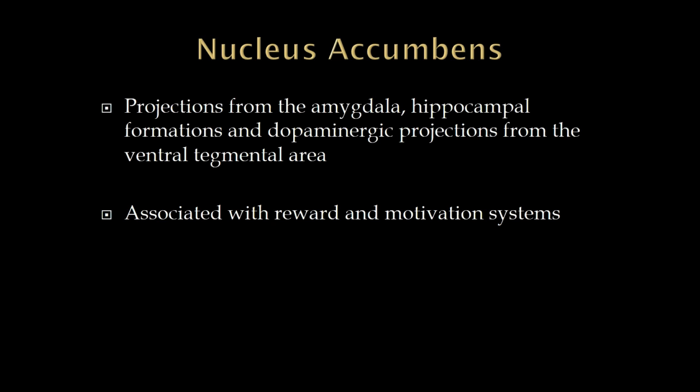Lots of dopamine. All right, and so in a healthy sense, the nucleus accumbens is associated with reward and motivation systems. We use the term, how do you get your dopamine? Well, this is dopamine going to the nucleus accumbens. So if you get a drive from being organized or whatever, well, it's the nucleus accumbens that is doing that.